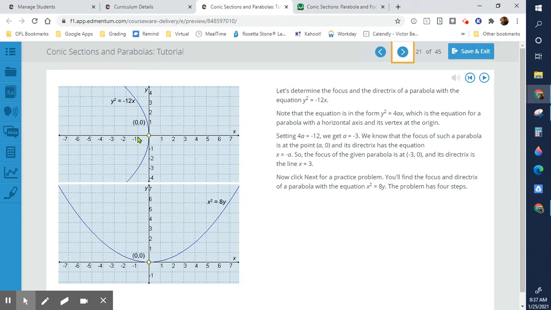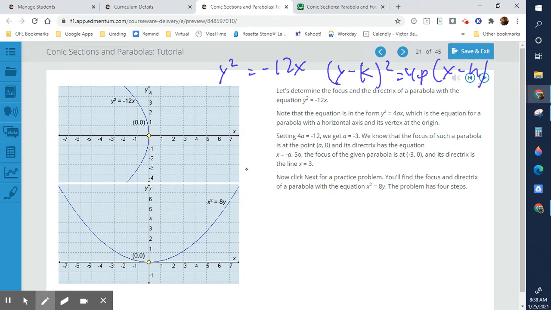So let's say we wanted to find out where our focus is. We have this formula and it's like, well, where's our directrix? Well, if this is a horizontal parabola and this is y squared equals negative 12x, we know that our formula is normally y minus k squared equals 4p times x minus h.